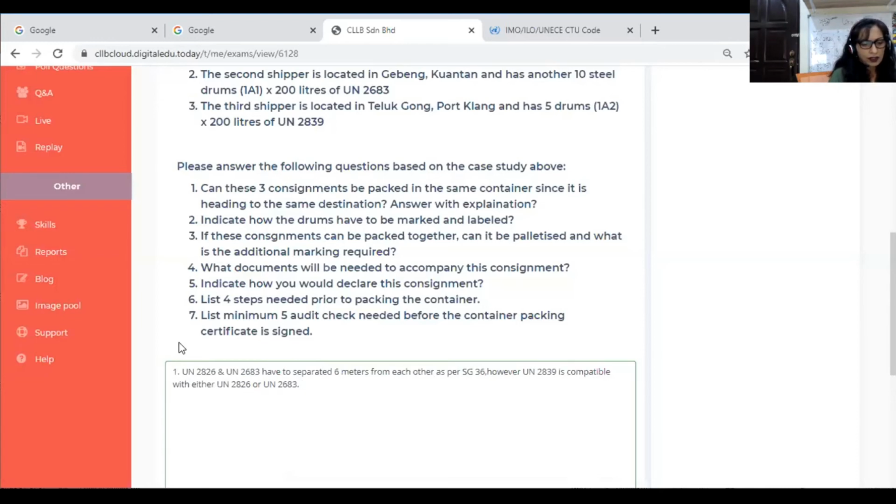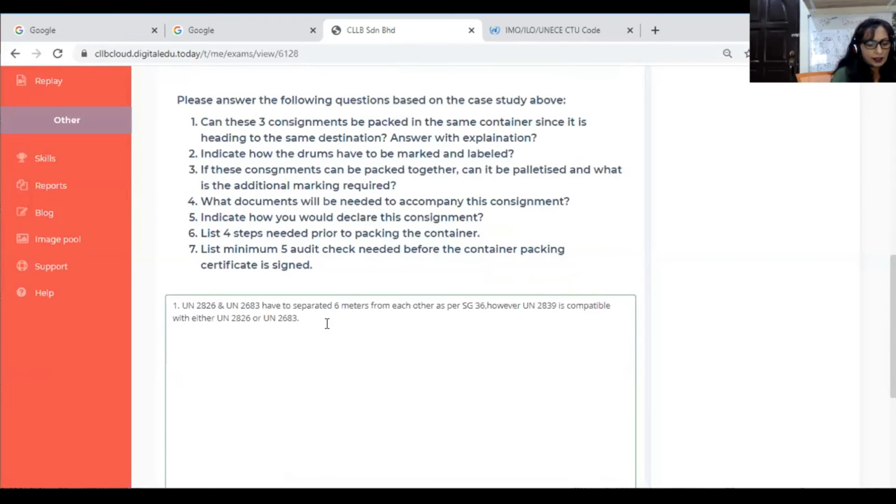You want to explain further? This means that you can pack either UN 2826 or UN 2683 with UN 2839.